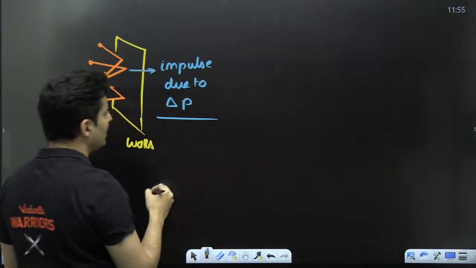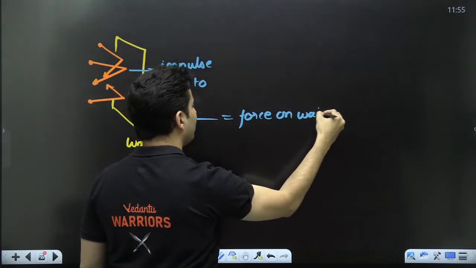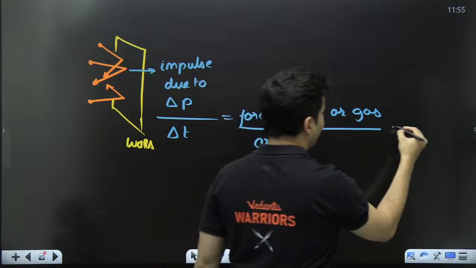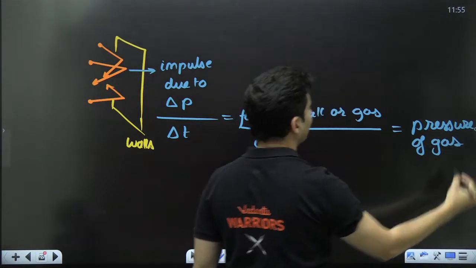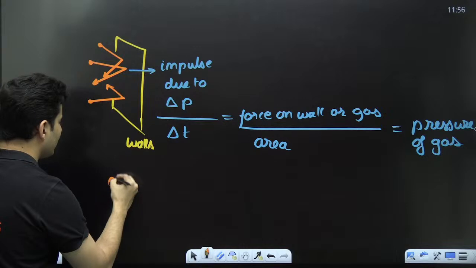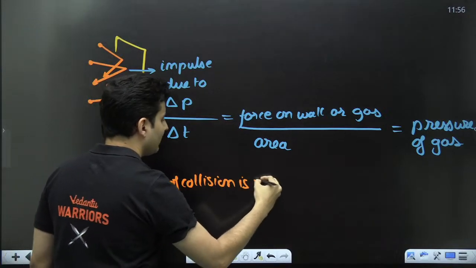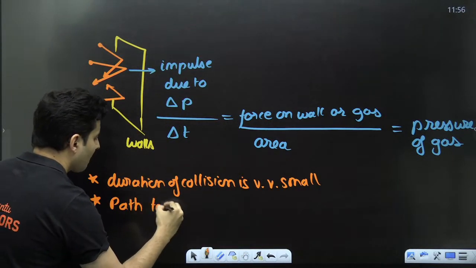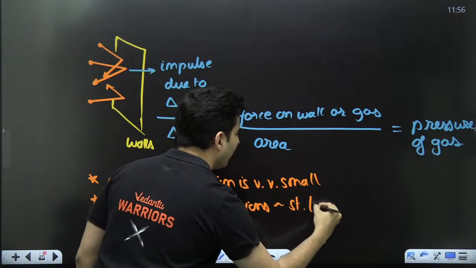That impulse due to the change in momentum per unit time gives rise to the force on the walls, and that force upon the area gives rise to the pressure of the gas. Keep this in mind. Also remember, the duration of the collision is very, very small, and the path taken between collisions is approximately a straight line.